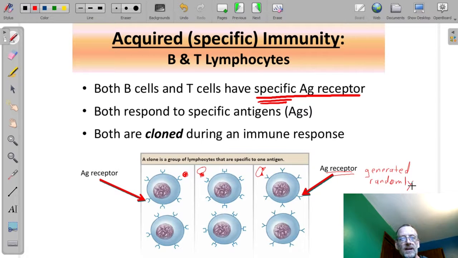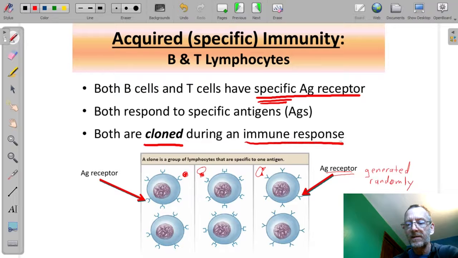Tens of trillions is an unimaginably large number of possibilities, and that just came from the rearrangement of the genes during the B cell and T cell development. Both B cells and T cells become cloned during an immune response.